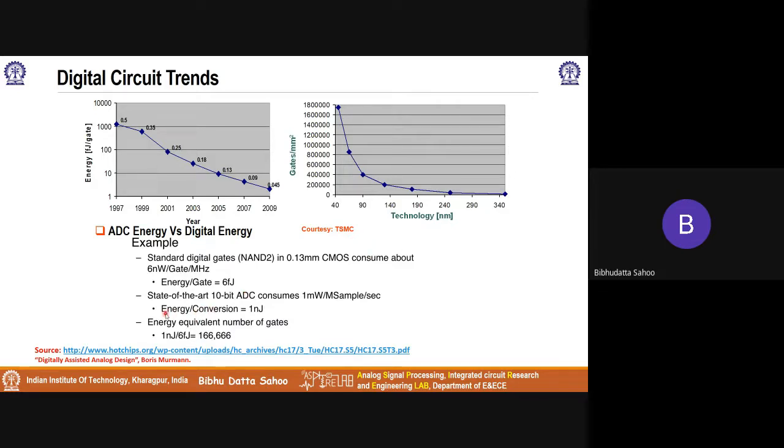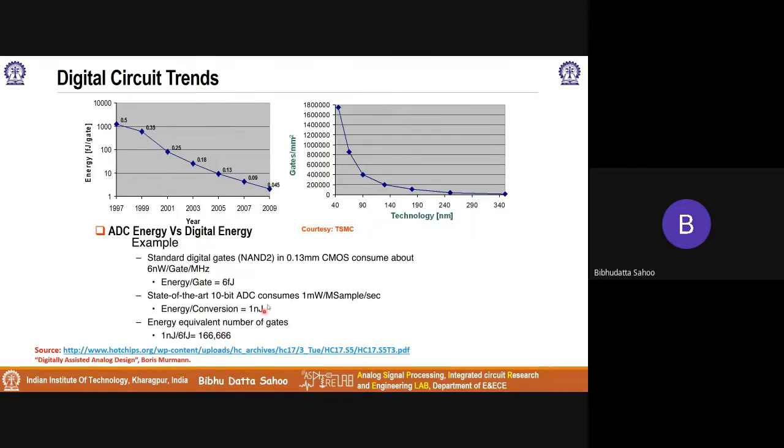So now, if you see, state-of-the-art 10-bit ADCs consume 1 milliwatt per megasample per second. Energy per conversion is 1 nanojoule. Energy equivalent number of gates is 166,000 gates. This nanojoule corresponds to 166,000 digital gates.